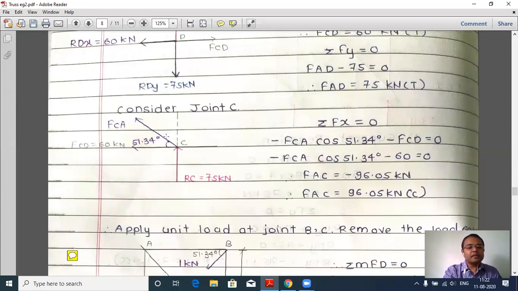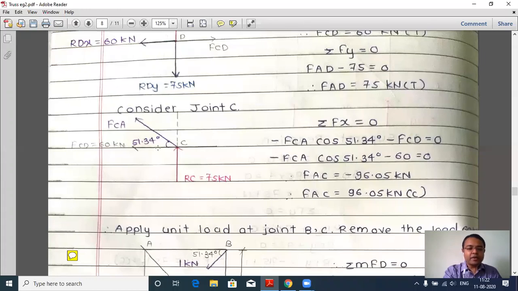Next, consider joint C. At joint C, these two members are meeting. So assume the nature of the force as tensile. FCA we assume tensile, meaning the arrow is away from the joint.